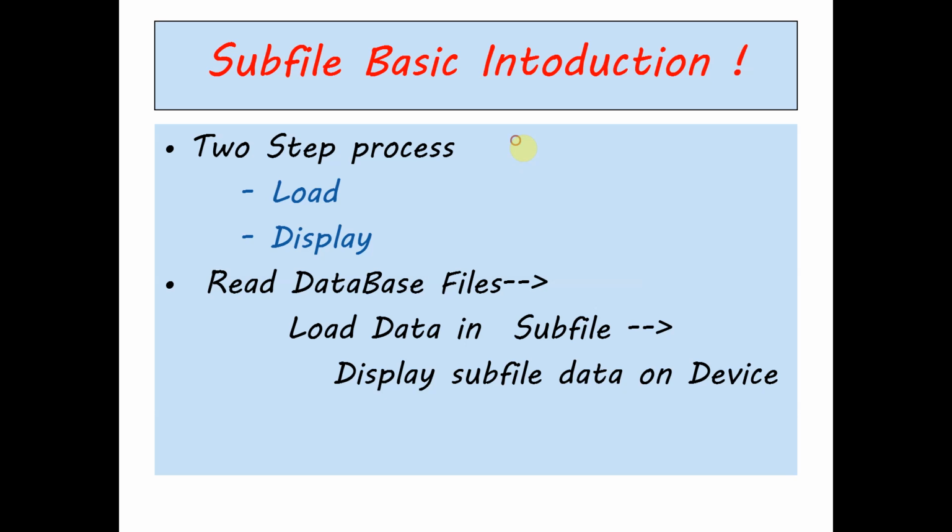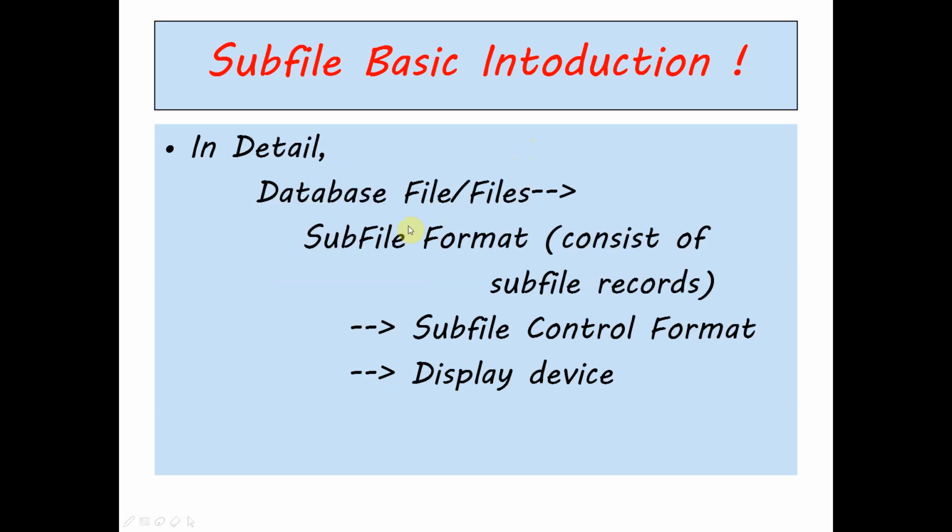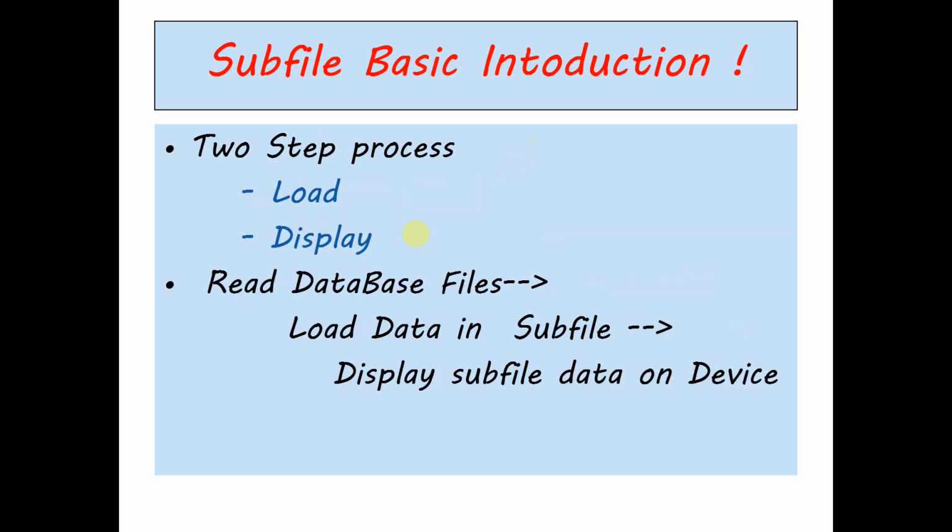Here we can see that you are reading the database file or files. Maybe there is only one file from where you are reading the data, or maybe there are n number of files.